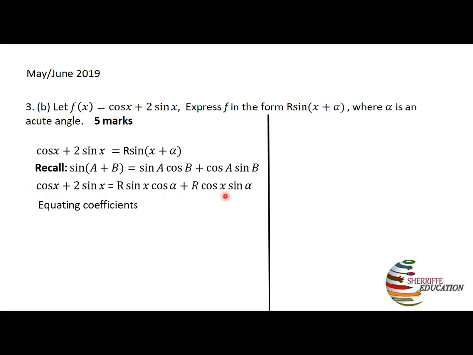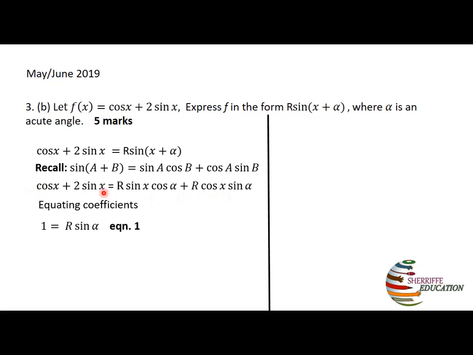And on the right hand side, the coefficient of cos x is r sine alpha. Remember that alpha is just an acute angle, and the sine of any angle will just be a value. r is also a value, so r times sine alpha is just another value. So 1 is equal to r sine alpha.